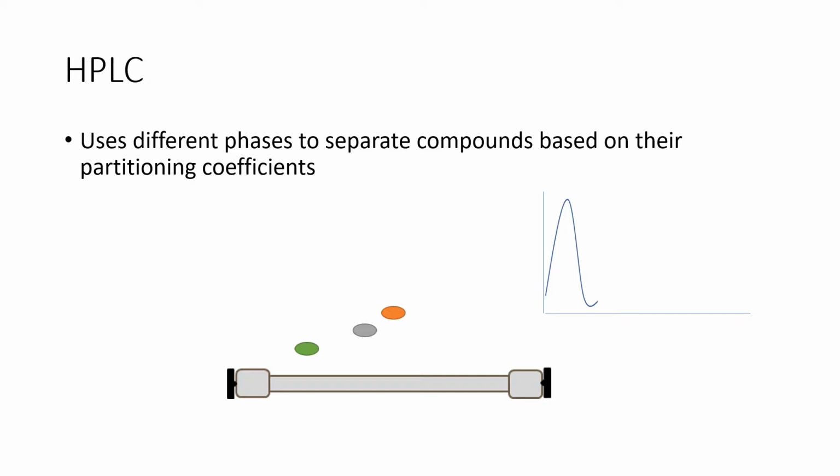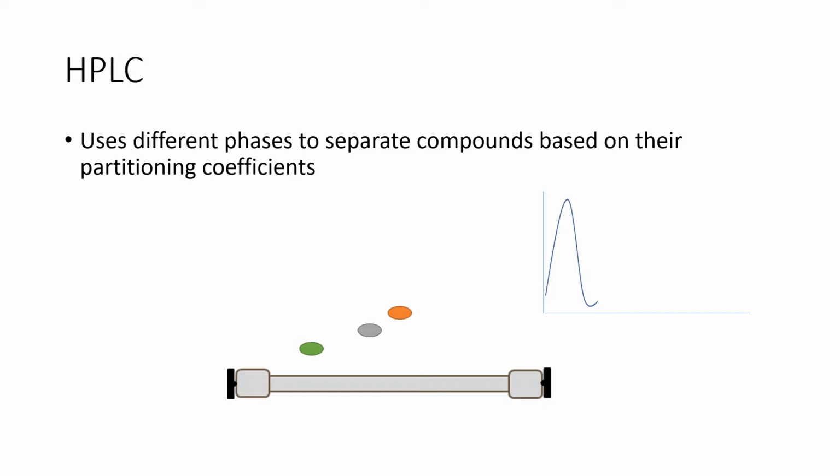It was mostly partitioned into our mobile phase, so as that mobile phase went through our column, it was taken out first, and so we have this first elution peak of our blue compound that we see on our signal on the right. We'll notice that these other compounds did move along the column, but they're a little bit slower because they have different affinities for that stationary phase.